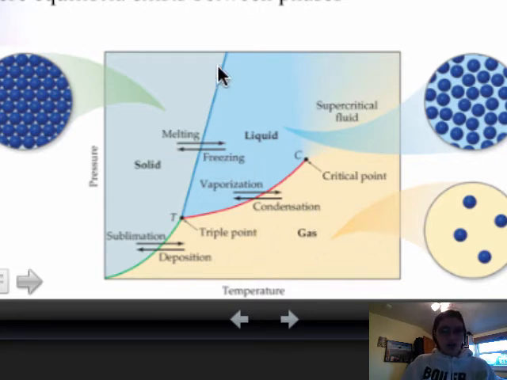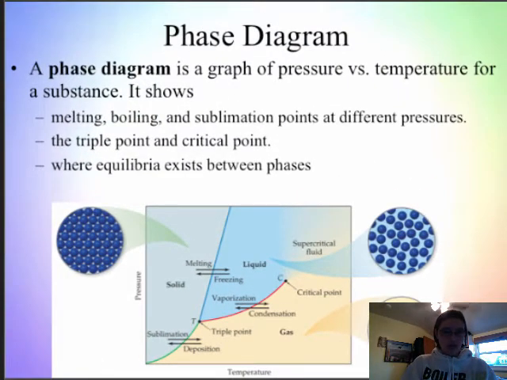Anything on this line represents melting if you're going solid to liquid, or freezing if you're going liquid to solid. It also shows the triple point and the critical point, which we'll talk about in a second. And like I said, it shows where equilibrium exists between the phases. The phase diagram is a great way to summarize all of the conditions about a substance.